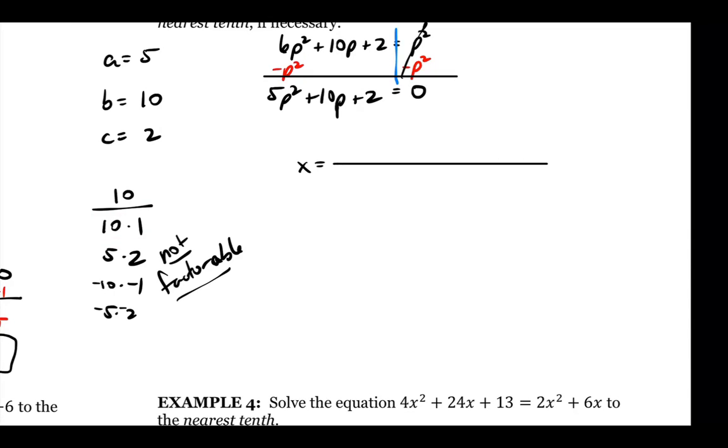So negative 1 times b, I'm going to put parentheses for b, plus or minus the square root of b squared minus 4 times a times c, over 2 times a. Okay, so I'm going to follow the quadratic formula just like on the first page. Everywhere there's an a, I'm going to put a 5.